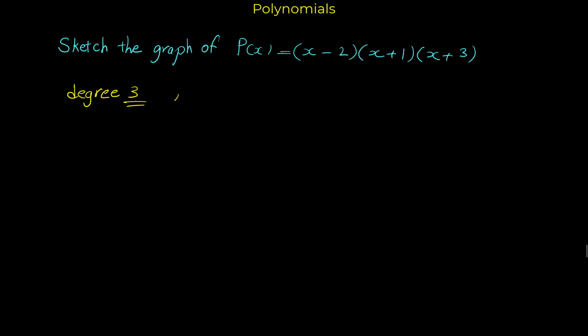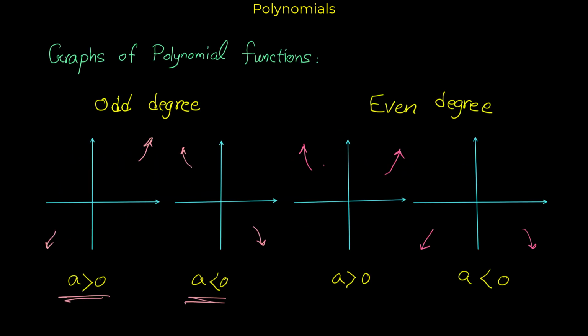The sign of the leading coefficient is very important. As we saw above, the leading coefficient is positive. Remember, the leading coefficient is very important because it changes the end behavior of the function.